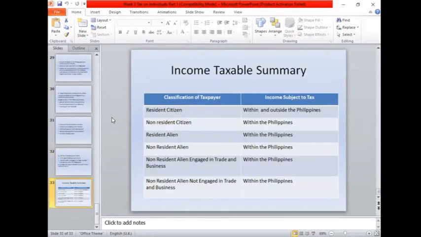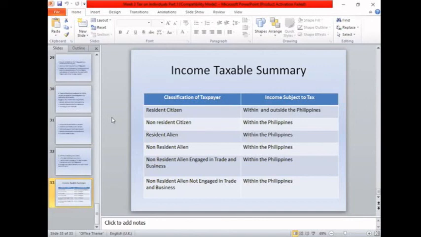And to summarize, or take notes, and to summarize our topic for today, when it comes to the income subject to tax and classification of taxpayers, please take note that if the taxpayer is a resident citizen, their income within and outside the Philippines is subject to Philippine tax.